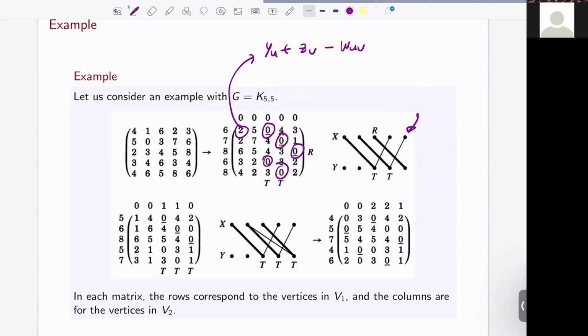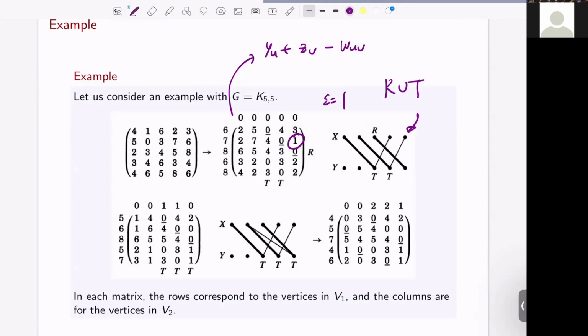Now I look at edges that are not covered by the vertex cover, which is R union T. So if you look at this edge, it's not covered by R or T, so epsilon will be 1 here.